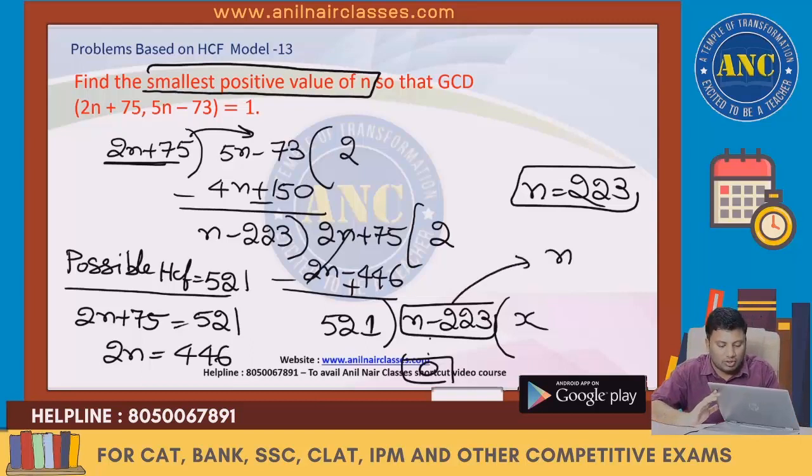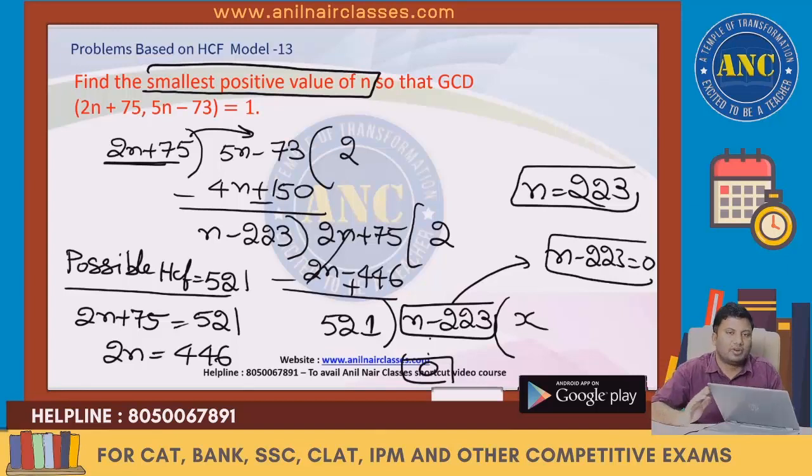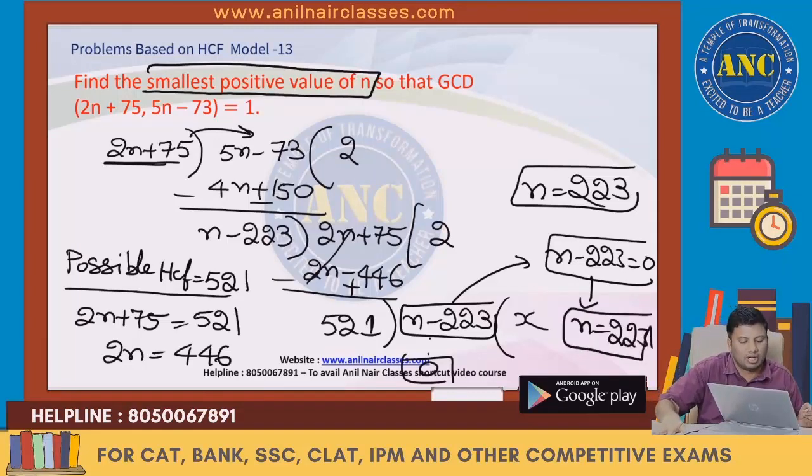You can also do it like this: n minus 223 is equivalent to 0, 521 times 0 is 0. n minus 223 is 0, or n is 223. n is 223, smallest possible value.